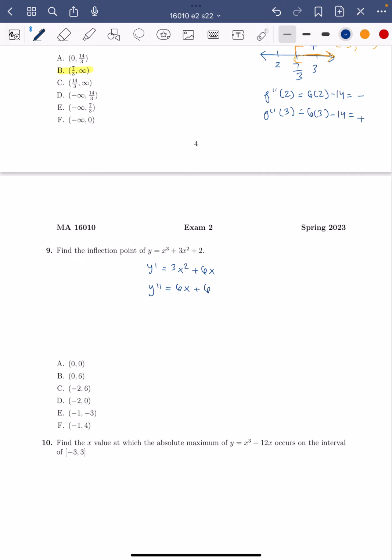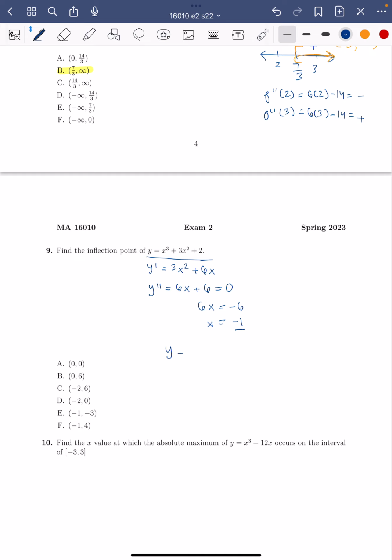Now to find the inflection point, we're going to set the second derivative equal to 0. So let's do that and solve for x. So 6x equal to -6, x equals -1. So we have one inflection point at x equals -1. Now it's asking the exact point, so we just need to plug this number back into the original equation to find the y coordinate.